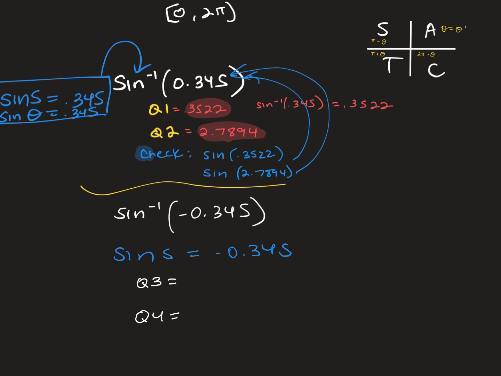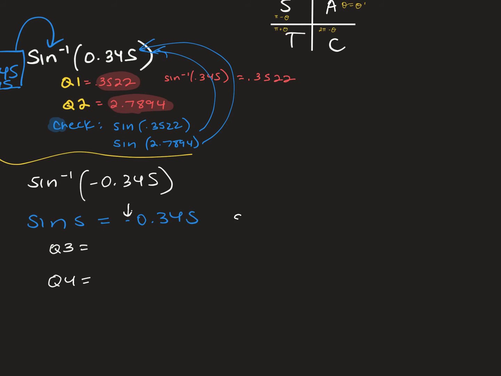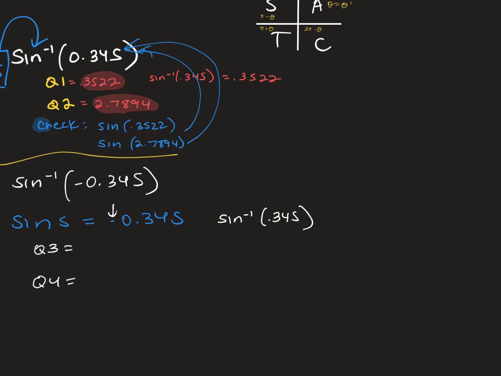So the first thing I'm going to do is actually ignore the negative to find the reference angle. I'm going to say sine negative 1 of 0.345. I'm ignoring the negative to find the reference angle. And we already did this. This answer is the same thing we did before, which is 0.3522. The difference this time is that it is not an answer because that's an angle in the first quadrant, and in the first quadrant, sine is not negative. In the third quadrant, we would do pi plus 0.3522.